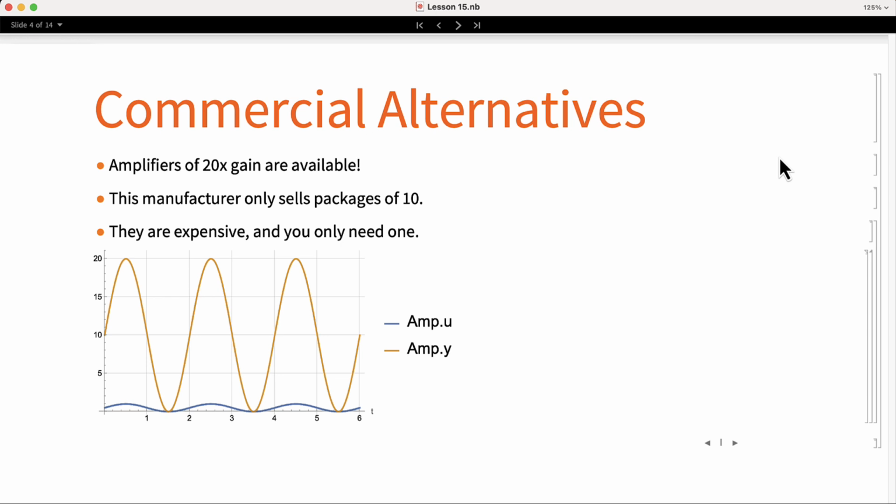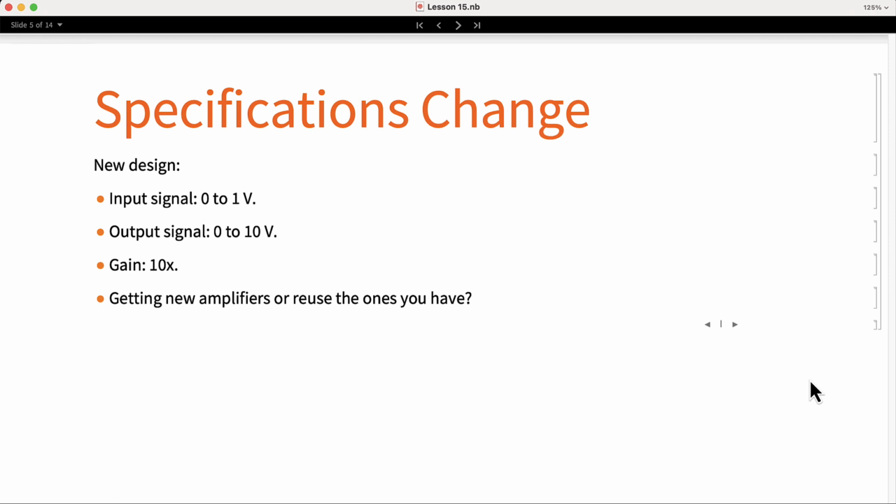Anyway, you decide to buy them, and after receiving them and testing one of them, you find that it works as expected. Here are the results. For a sine wave of 1 volt, you get a 20 volt output signal. You decide to present the solution to your supervisors, but when you show them the amplifier, they tell you that the specifications have changed.